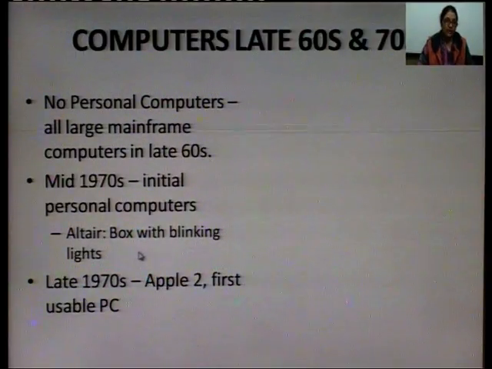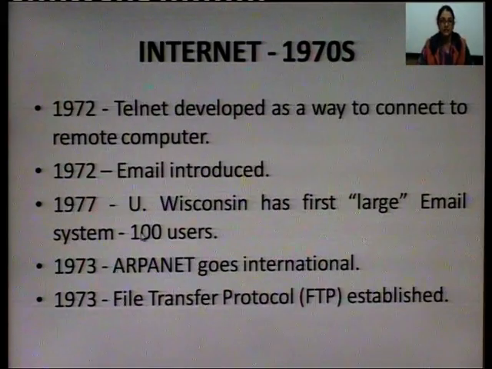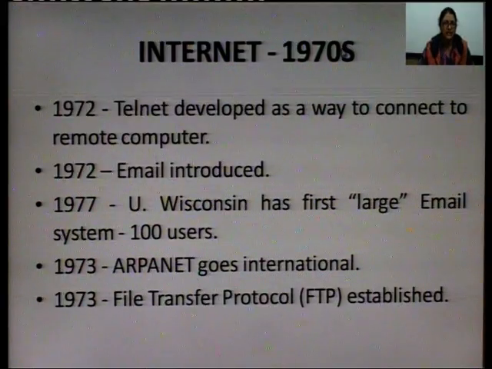They were boxes containing blinking lights, and in the late 1970s the Apple II computer, which was the first usable PC, was discovered. This is the diagram. You can see the earlier computers which were discovered in the early 1960s and 70s. During the 1970s, the discovery of the internet took place.